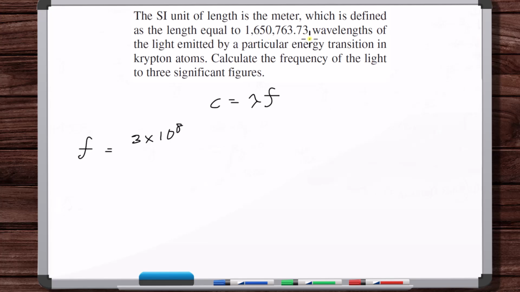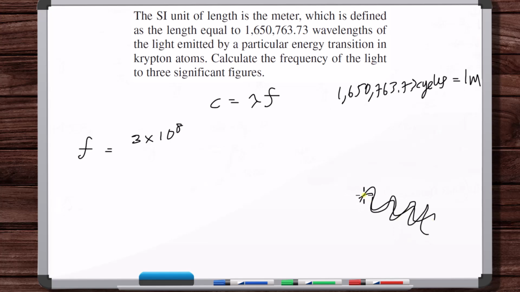It goes through this many periods, right? It's oscillating through space, and it goes through a cycle this many times. So 1,650,763.73 cycles, and that's 1 meter, right? So this light emitted by a particular energy transition in krypton atoms, it comes out. And if you imagine it propagating through space.